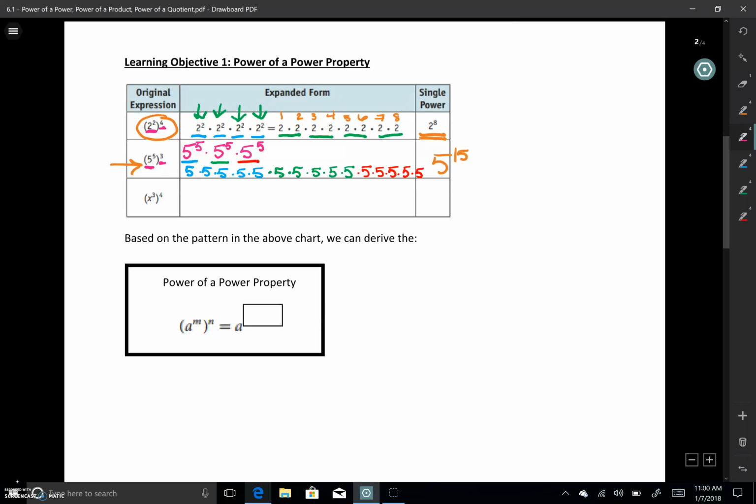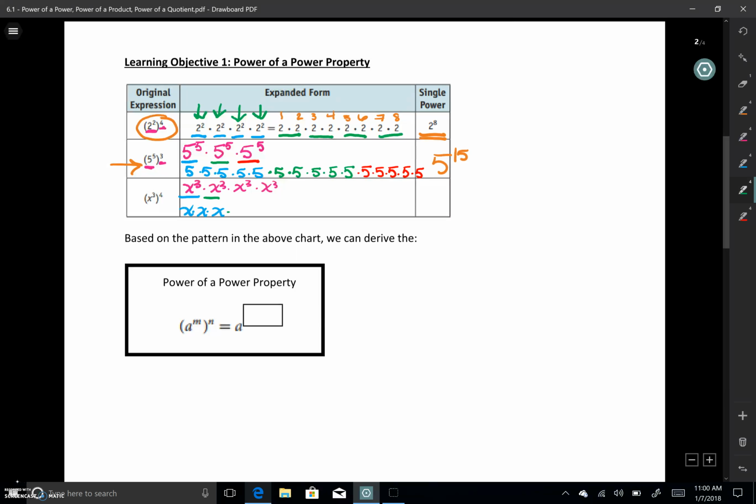And the last one, I have x cubed, all raised to the 4th. So I'm going to have x cubed times itself 4 times. And then if I expand it even further, I will get, for this guy, x times x times x.